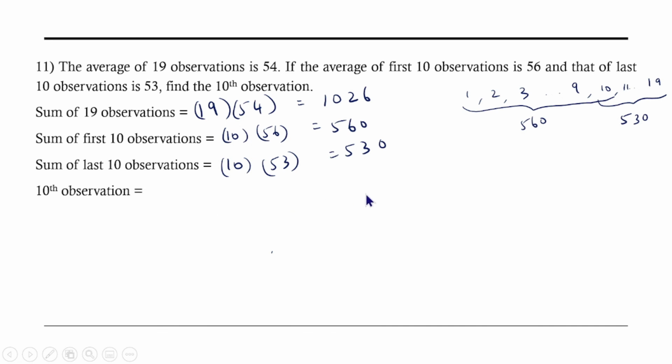So the 10th observation is 560 plus 530 minus 1026, which is 1090 minus 1026. So it is 64. The 10th observation is 64.